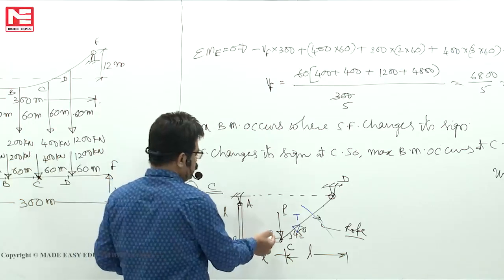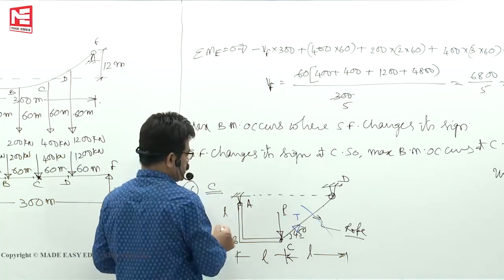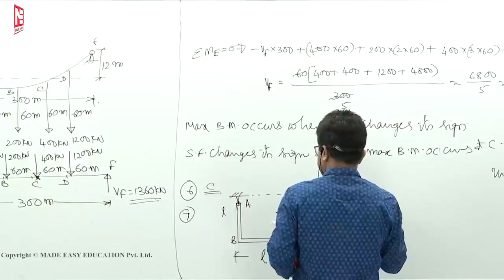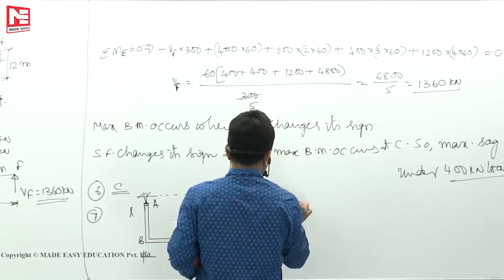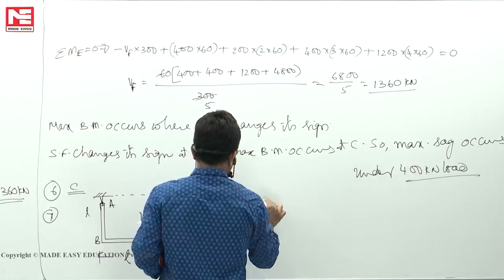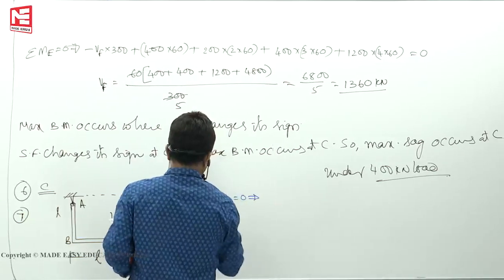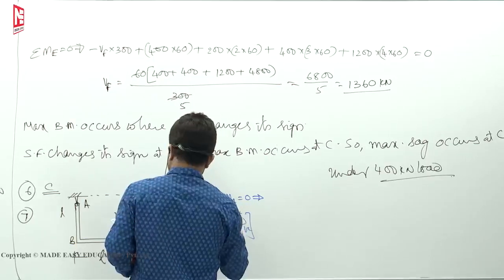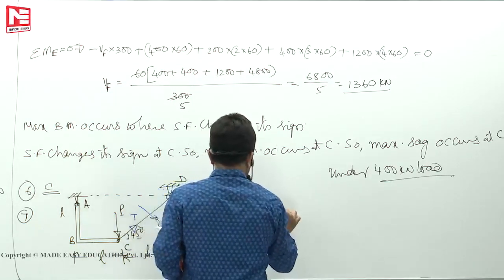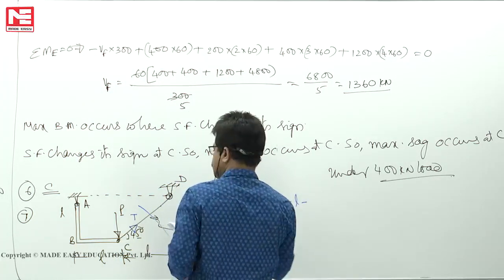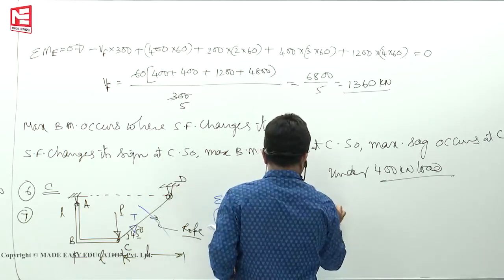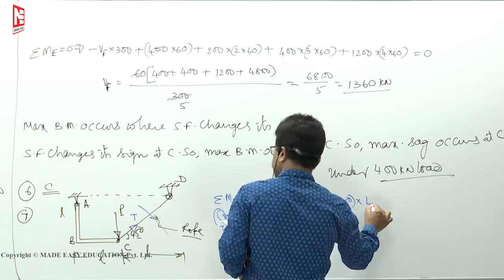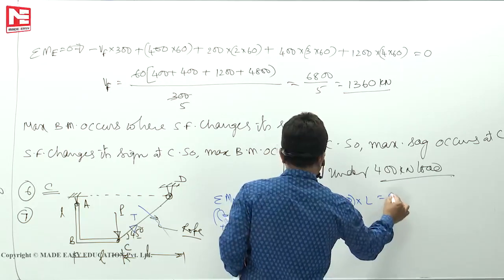Take the moments of all forces about A. Sigma MA is equal to 0. Clockwise positive, anti-clockwise negative. Plus P into L minus T sine 45 into L is equal to 0.